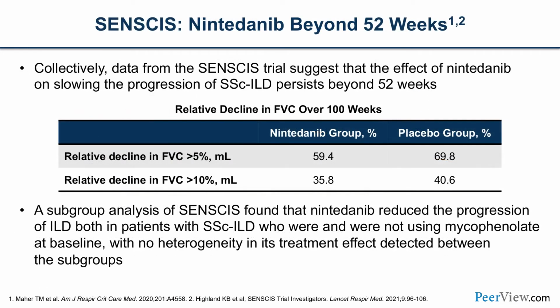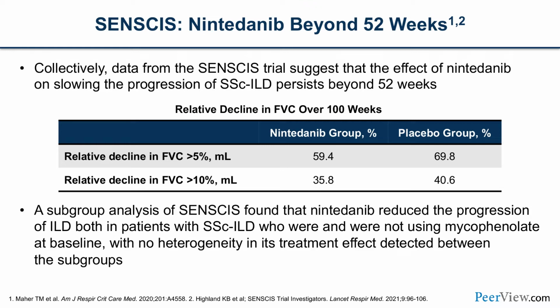Since then, patients in that study were continued on and followed to answer the question, does Nintedanib continue to slow progression of SSc-ILD beyond 52 weeks? The study over a course of 100 weeks did show that the Nintedanib group had less of a decline in forced vital capacity than the placebo group.